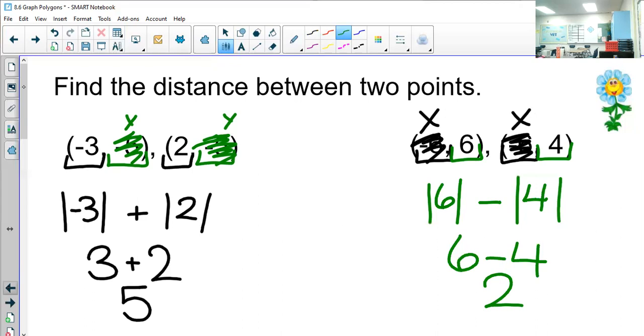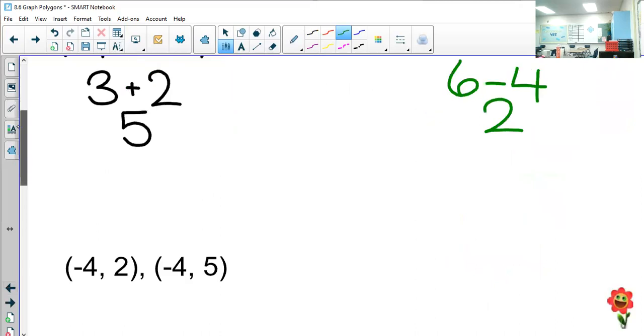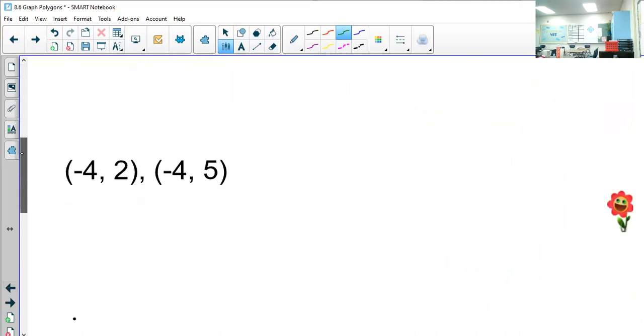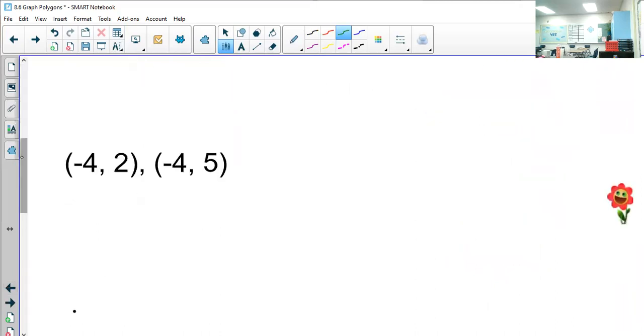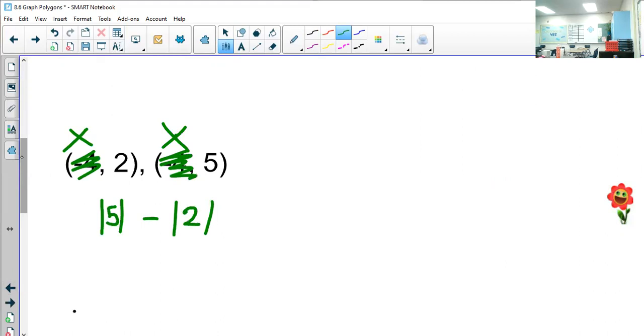Let's try another one just so we don't forget, okay? Now we've got (-4, 2) and (-4, 5). My -4s are the same, and that's an x value. If my x's are the same, I subtract. So I need to put my bigger number first, so I want the absolute value of 5 minus the absolute value of 2.